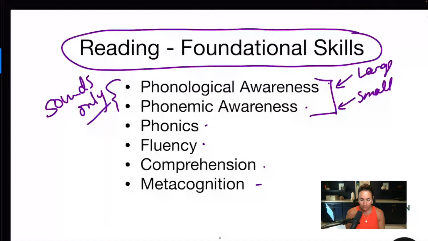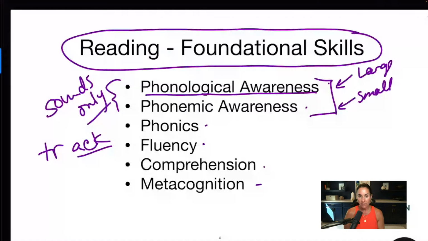All right. So let me give you an example of phonological awareness. I might have you break up the word by syllables, for example, something like rabbit. That's two sounds, rab-bit, right? I might have you break it up by onset and rime. The onset is the beginning consonant or consonant cluster, and the rime is the ending vowel and consonants.